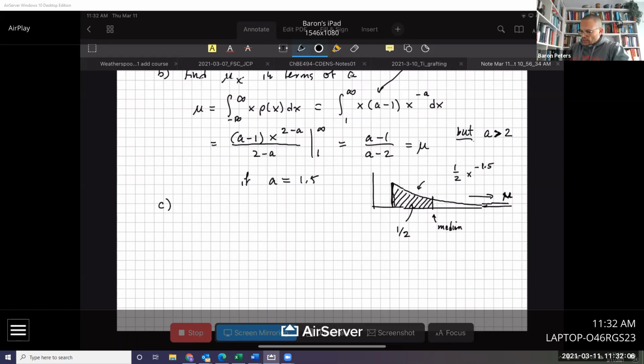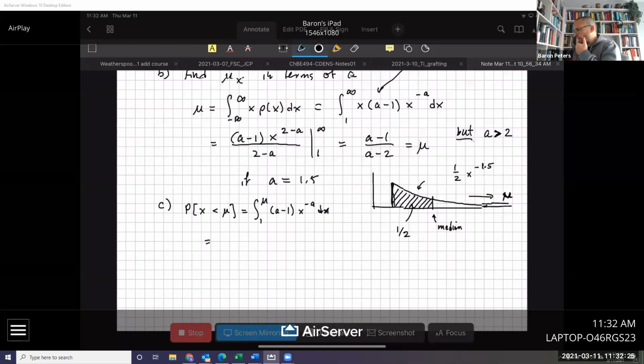Okay, all right. So we have the probability that x is less than mu is an integral from 1 up to mu of a minus 1 x to the minus a dx. So we can go ahead and compute this integral now. This is similar to the one that we did in part A, right? In part A, we integrated over the whole domain. In part C, now we're going to stop when we get to mu.